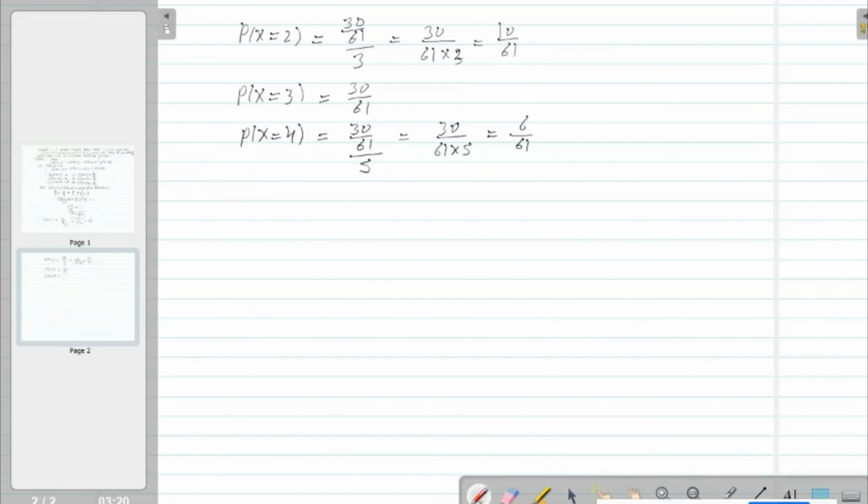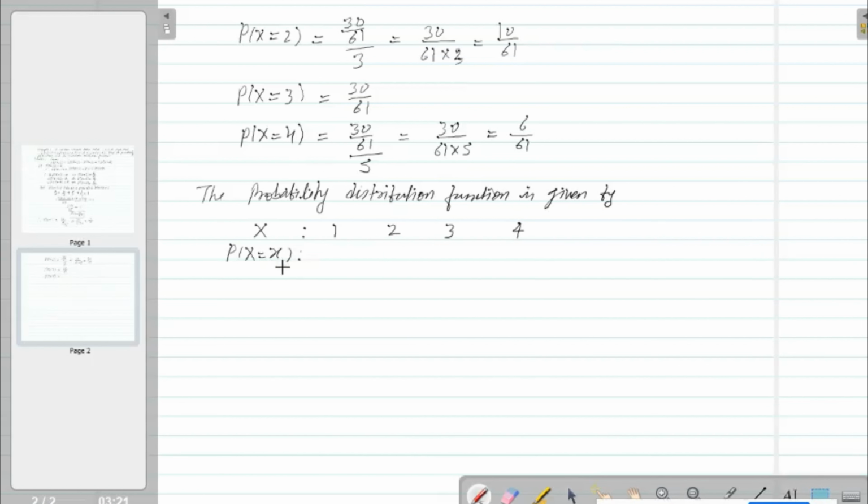Therefore the probability distribution function is given by, यहाँ पे क्या आएगा, x आएगा और यहाँ पे p of x. x is what? x कहाँ से कहाँ रन हो रहा है? 1 से 1, 2, 3 and 4.